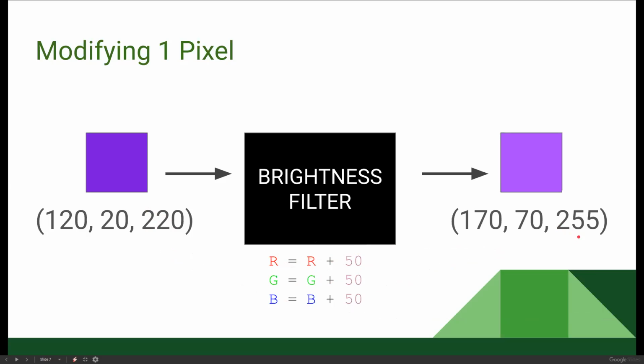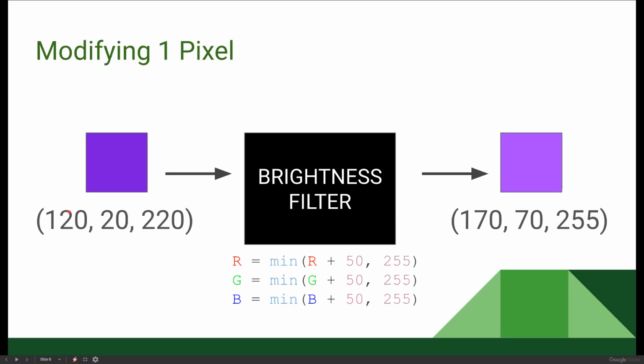So what we need to do is make sure we're getting the minimum between our addition and our maximum possible value. So if our addition would go over the biggest possible value for any one color, we're going to set it to the maximum instead of that addition. Otherwise, we're just going to use the value we get when we do that addition.